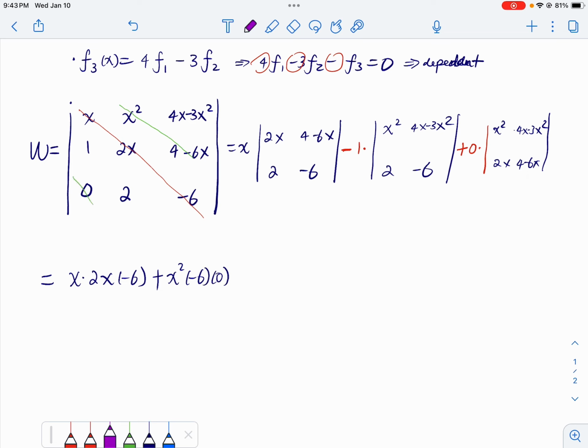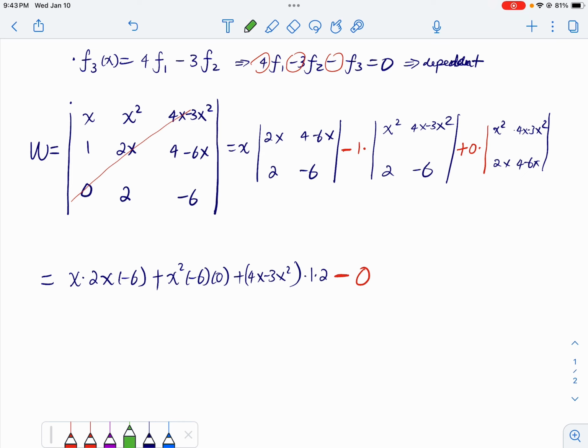And then the next one will be this diagonal, the product of those three: plus 4x minus 3x squared times 1 times 2. Okay, so once you finish this direction, then you subtract. For the other three, you subtract the product of this diagonal, which turns out to be 0, right?